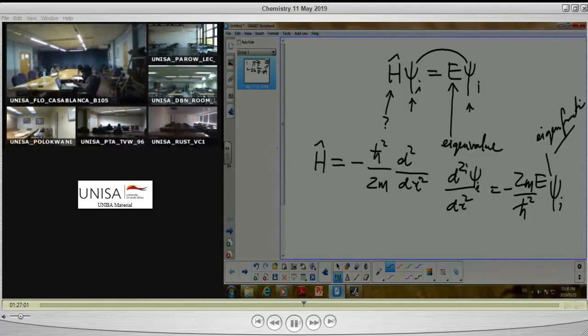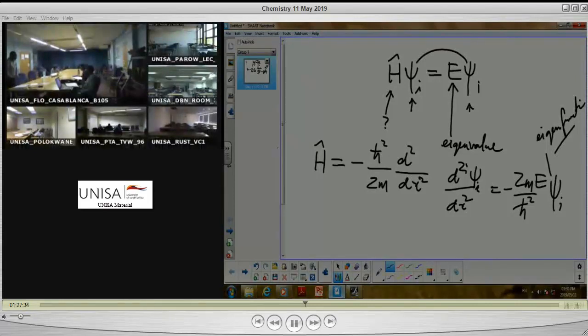The next issue we want to address concerning a free particle is that we never know what the wave function of a particle is.